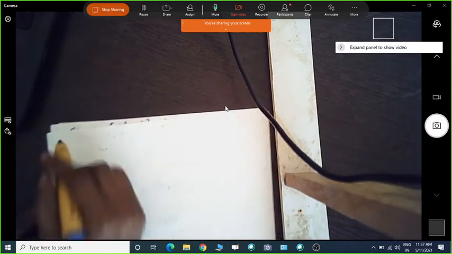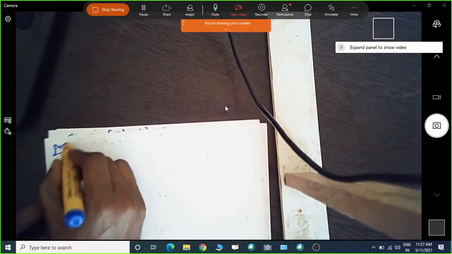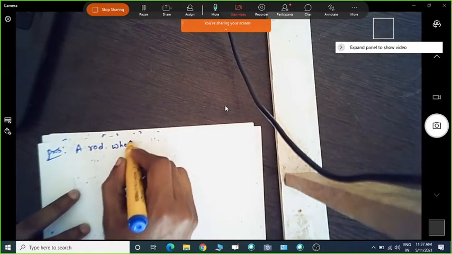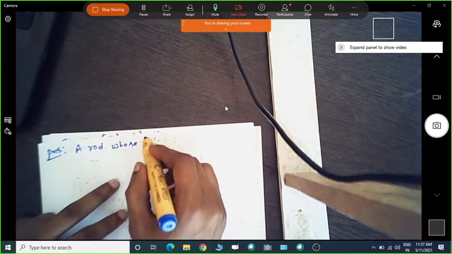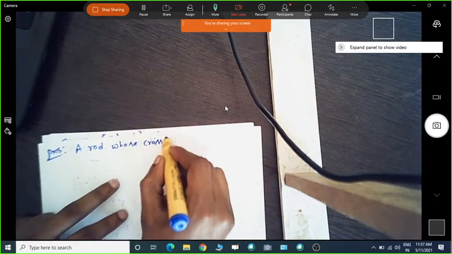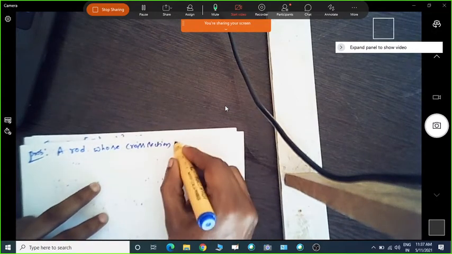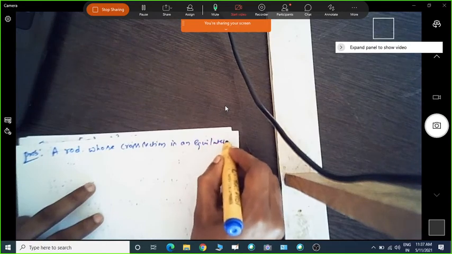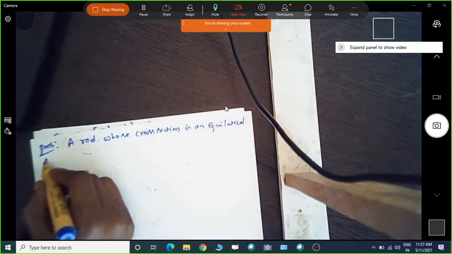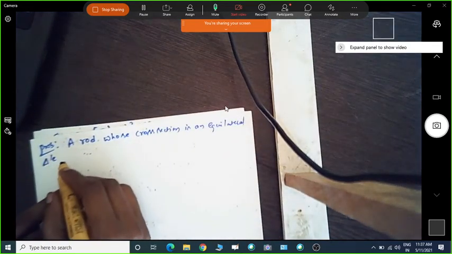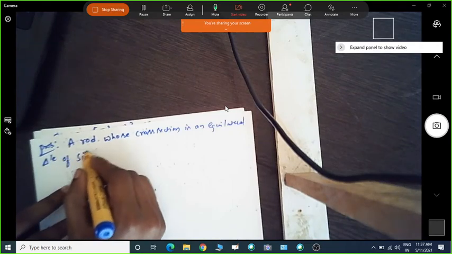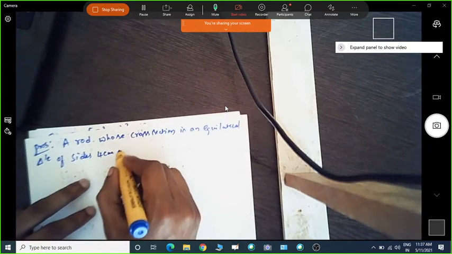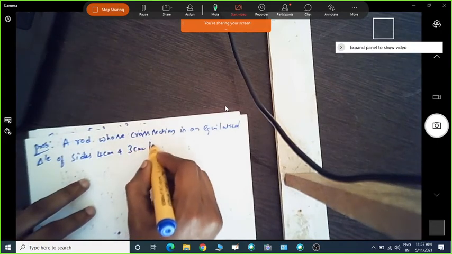A rod whose cross section is an equilateral triangle of sides 4 centimeter and 3 centimeter long.